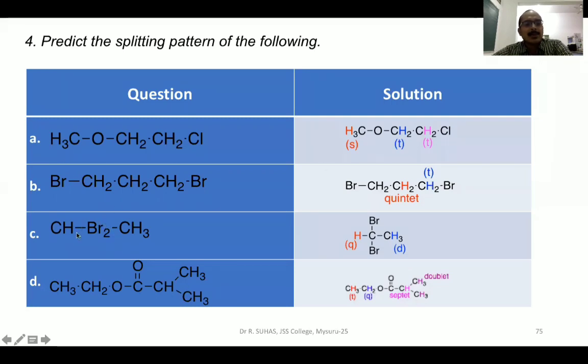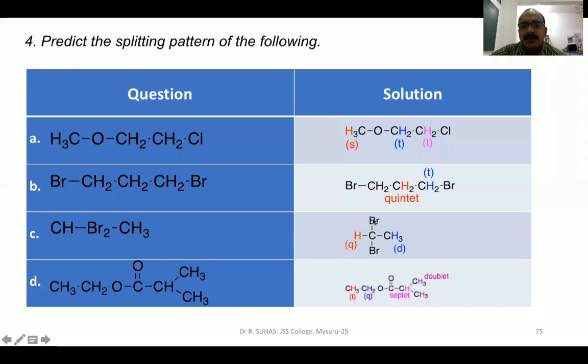This is another molecule. Just by looking at this molecule, one may say that this will appear as a singlet, this also will appear as a singlet. But you must observe carefully that this is a derivative of methane, and hence you have to split the structure and write it like this: CH, Br, Br, CH3, dibromomethyl methane.